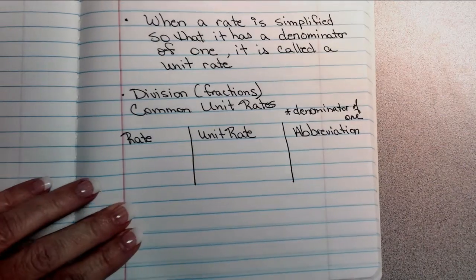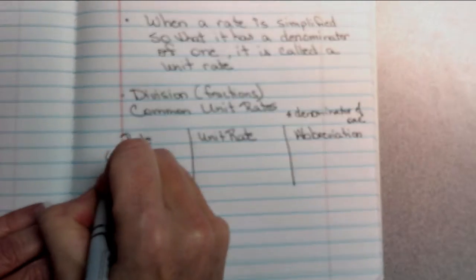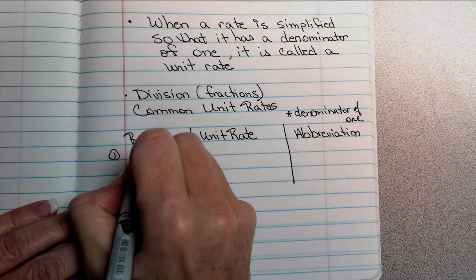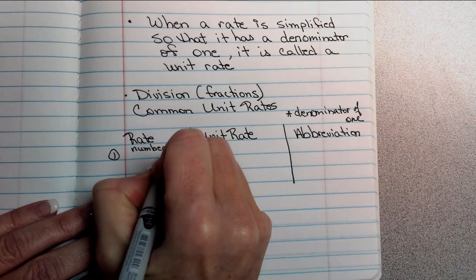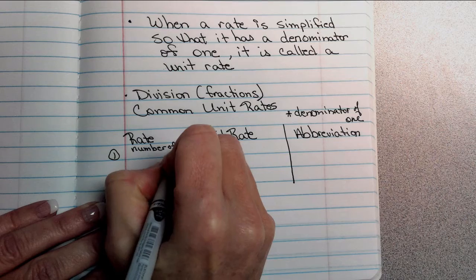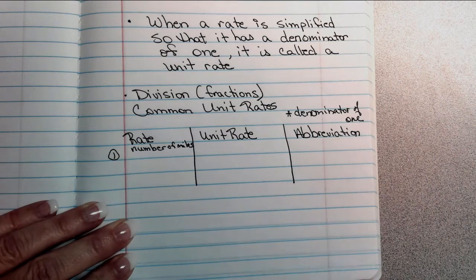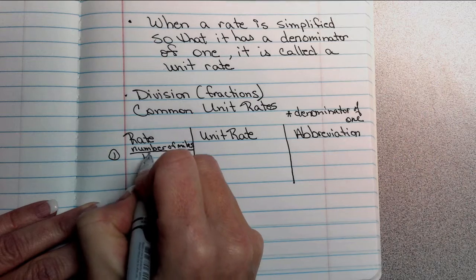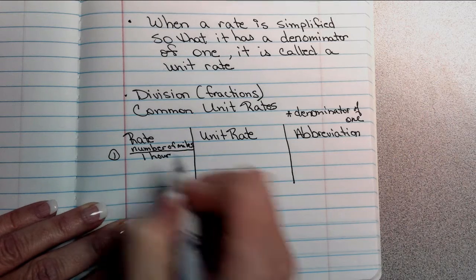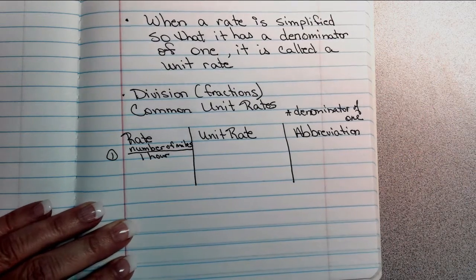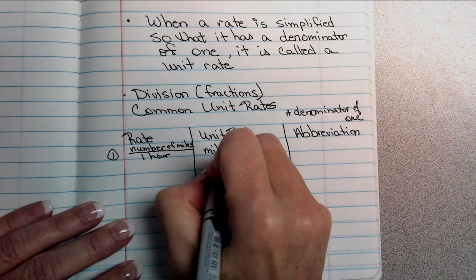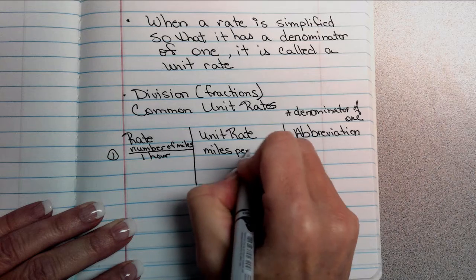All right, so the first rate, let's say I'm comparing number of miles in 1 hour. Okay. So number of miles in 1 hour. So we think about that as miles per hour.